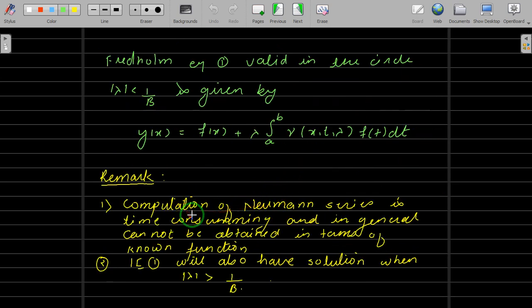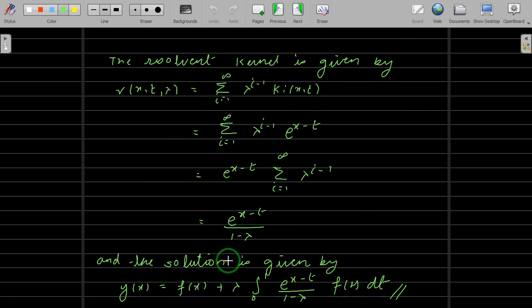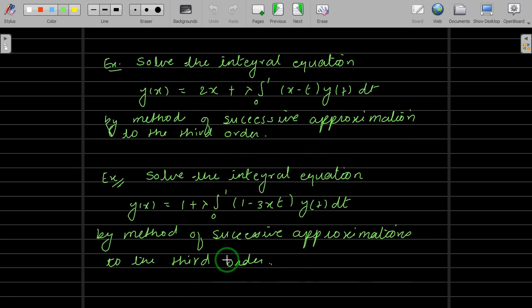And we have seen these limitations also, like computation of this Neumann series takes lots of time, and in general we cannot get the known function. And again, this integral equation may also have a solution which is outside that circle. And then we have seen one or two examples, and some exercises were given.